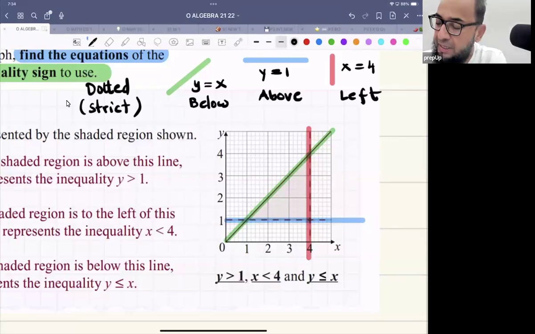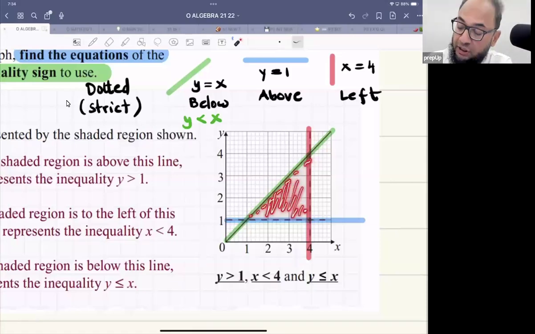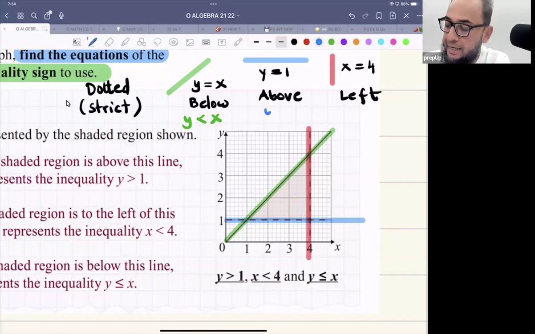Now let me write it down. For the green one, I'll write below, y is less than x. Why? Because it's below the line. So the wanted region, the shaded region, is below the line. And for the blue, it's above. So y is greater than 1. For the red line, it's to the left. x is lesser than 4.